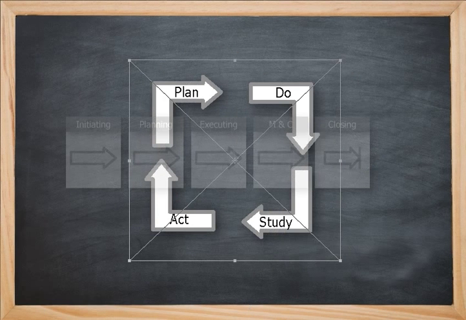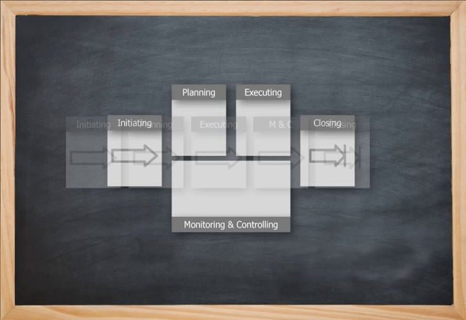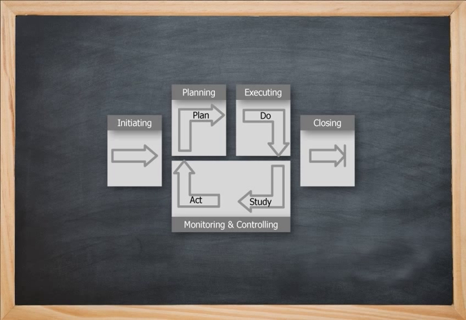I'm getting dizzy. And what if we combine these two approaches? Take the process groups that we showed before, and we'll rearrange just slightly, where you start a project with the initiating process group, and then go to planning, executing, monitoring and controlling, and then we'll put the plan, do, study, act cycle in the middle.